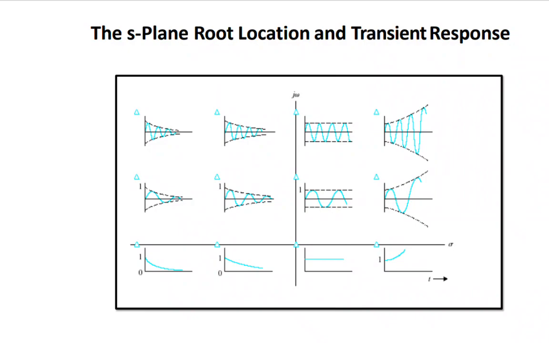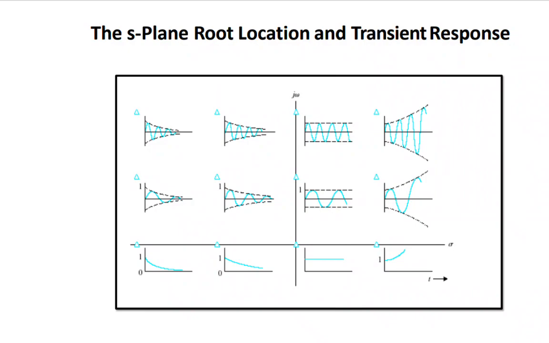If any pole lies on the right half of the S plane, then the system is unstable. If no pole lies on the right half of the S plane, but a few poles lie on the imaginary axis and some on the left half, then the system is critically or marginally stable. And when the poles lie on the imaginary axis, obviously the nature of the system is oscillatory. That should be known to all of you.